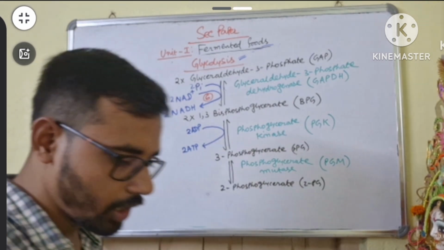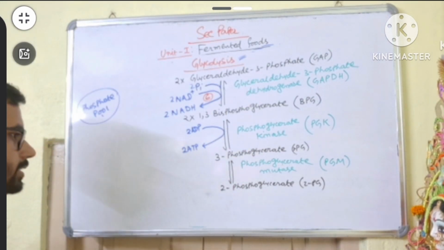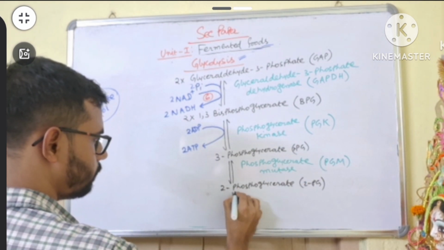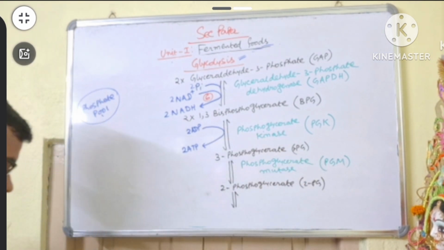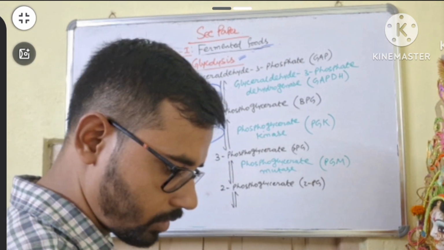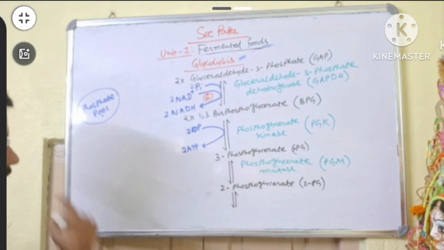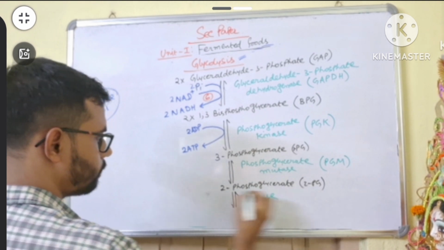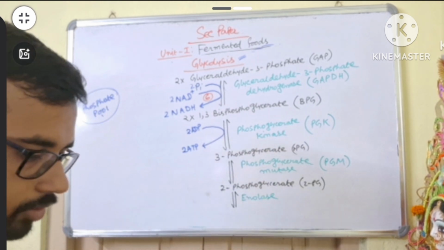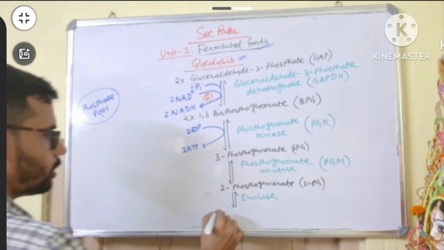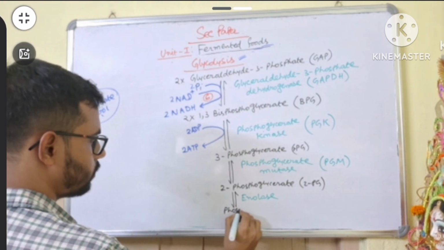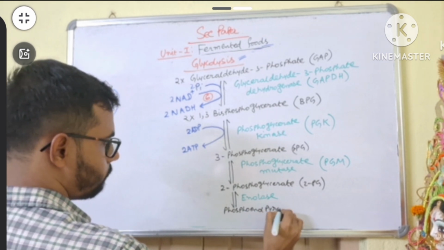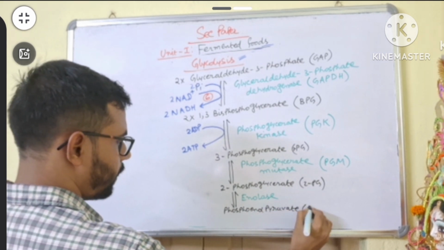After that, 2PG is converted by the enolase enzyme to form phosphoenolpyruvate, another name PEP.